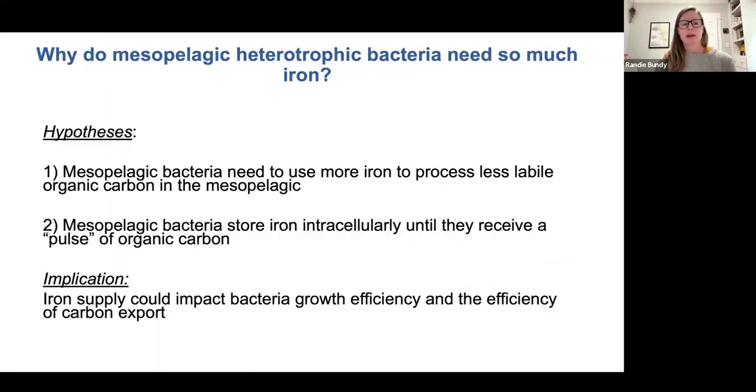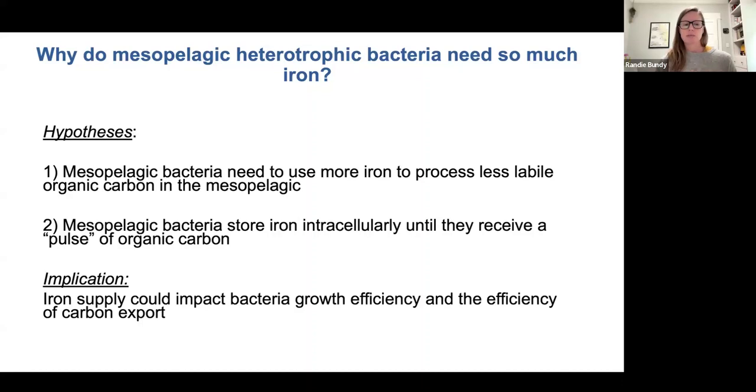Another hypothesis was that mesopelagic bacteria might be storing iron intracellularly. Maybe it's luxury uptake until they receive some kind of pulse or input of organic carbon that they can then use that iron to process.